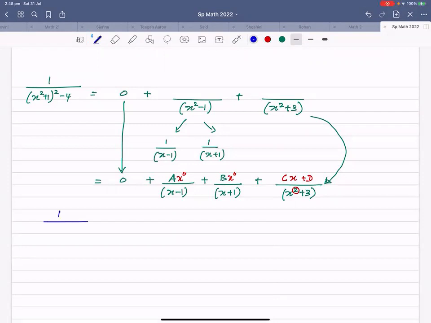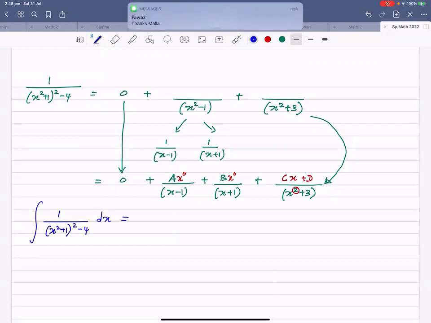So if you have something like this, then you break the fraction into 3 fractions now, and then you can find A, B, C, D by comparing the coefficients.